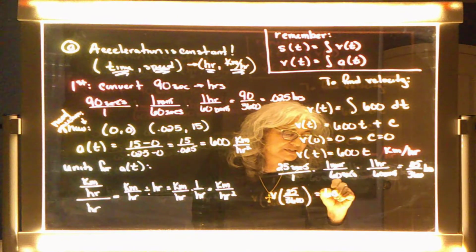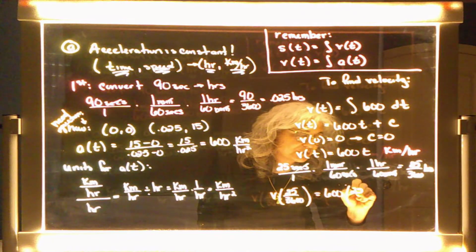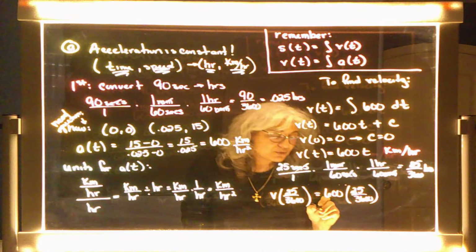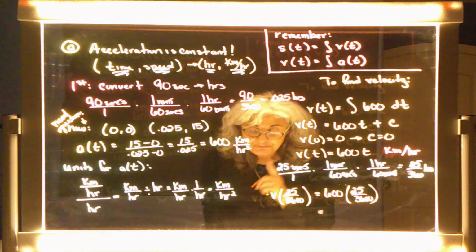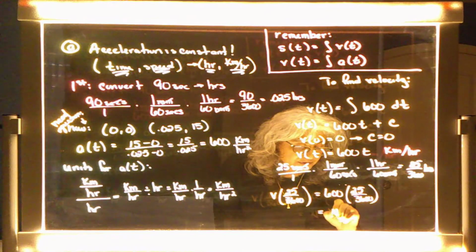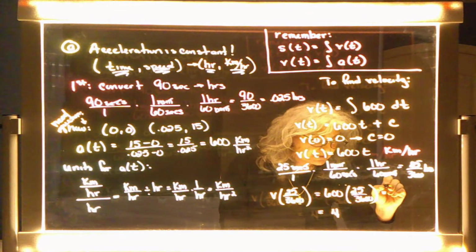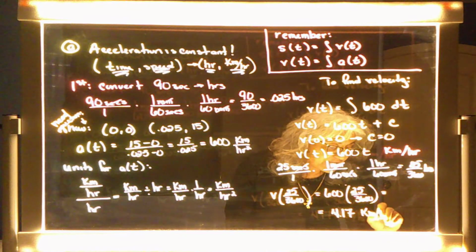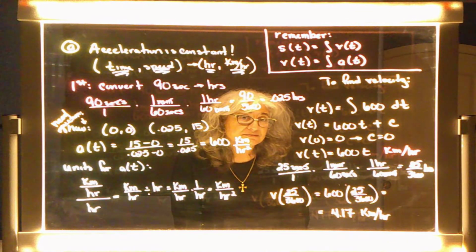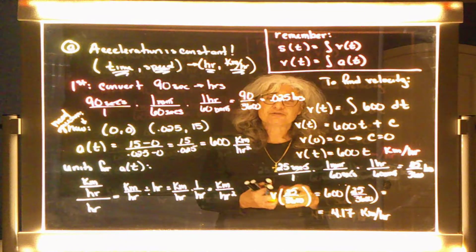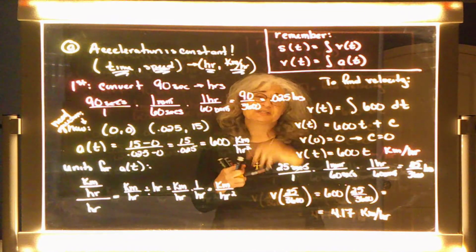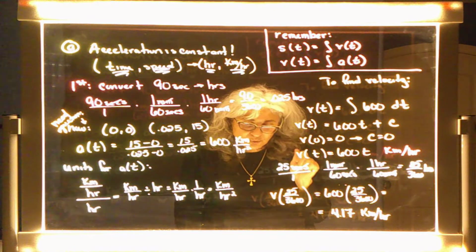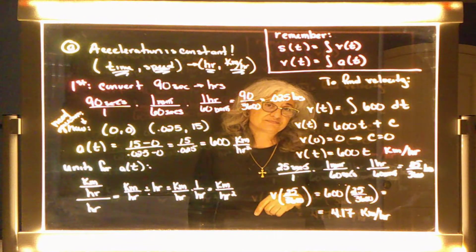And that's going to be equal to 600 times 25 over 3,600 hours, which is going to give me 4.17 kilometers per hour. Good? Okay. Be careful, because it would have been very easy to have plugged in the 0.025, but that was 90 seconds. Part A wanted 25 seconds.